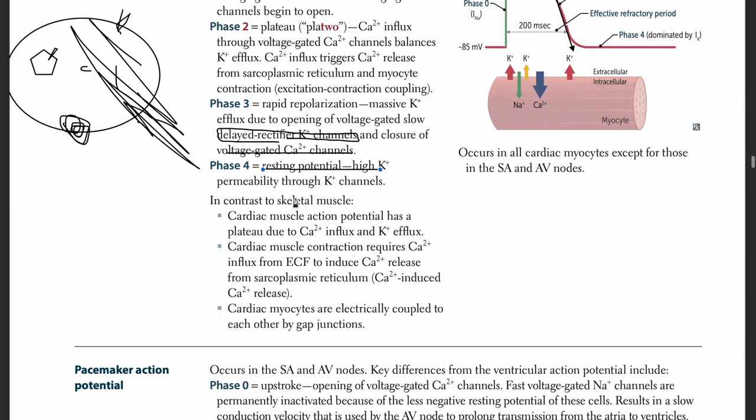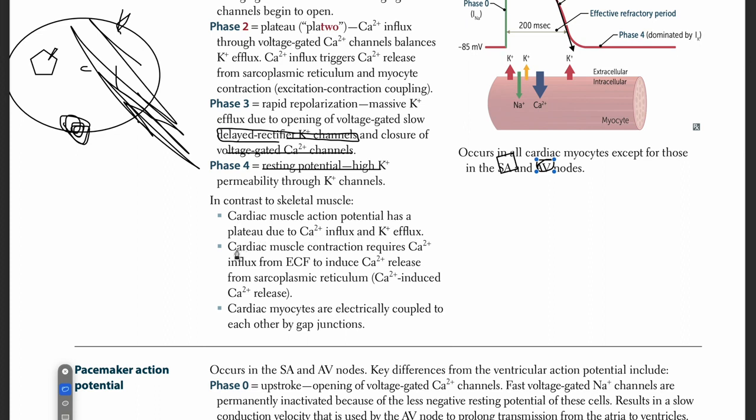So we went through that. This occurs in all cardiac myocytes except for those in the SA and AV node, which are called the pacemaker action potentials. In contrast to skeletal muscles, the cardiac muscle action potential has a plateau due to calcium influx and potassium efflux.